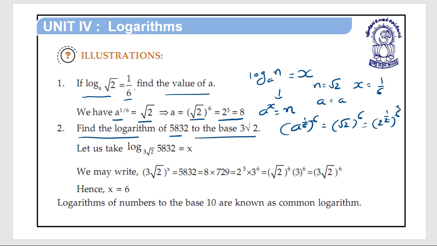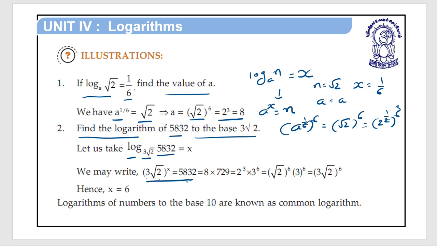Taking log of 5832 to the base 3 root 2 is equal to x, we may write 3 root 2 raised to x is equal to 5832. Convert 5832 in the form of 3 and 2.